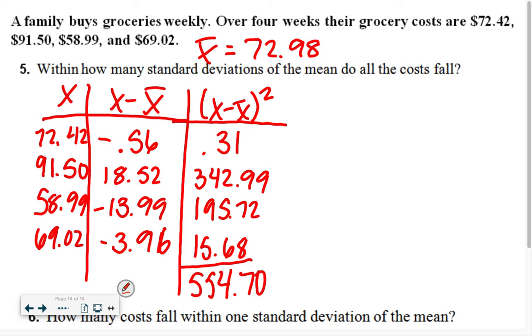Okay, I was just wondering what the next number was. Okay. Am I done? No. What do I have to do? Divide by the number of data there are, which is 4.